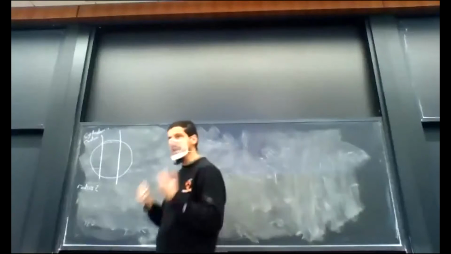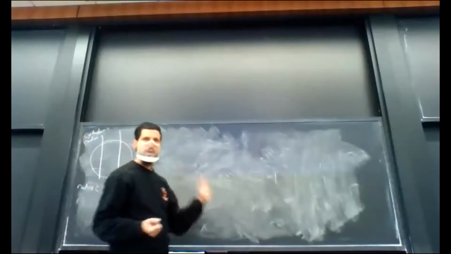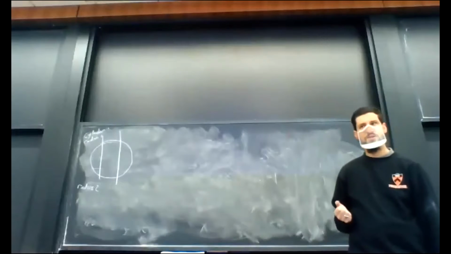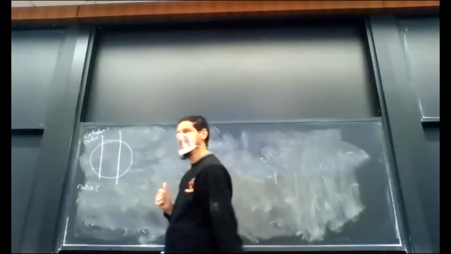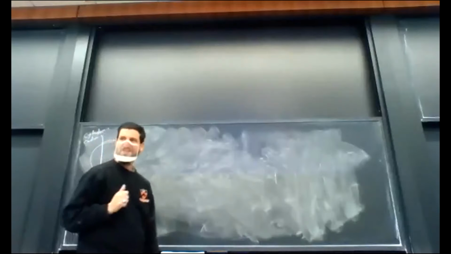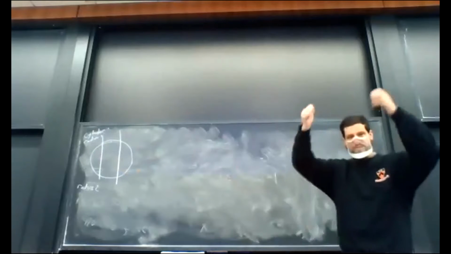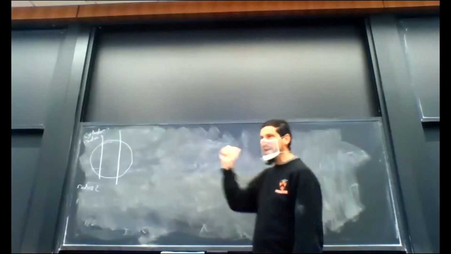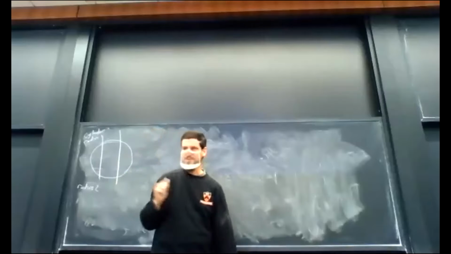There are 3 natural choices for coordinates: Cartesian, and what else? Cylindrical, and what else? I'm sorry? Not polar. Cylindrical trumps polar here, because you have 3 dimensions. And spherical. Why is the cylindrical coordinate a good choice for this problem?